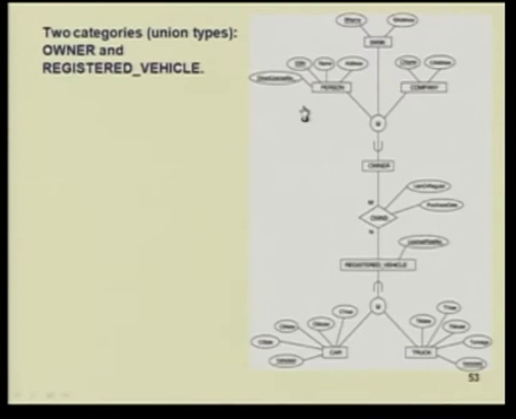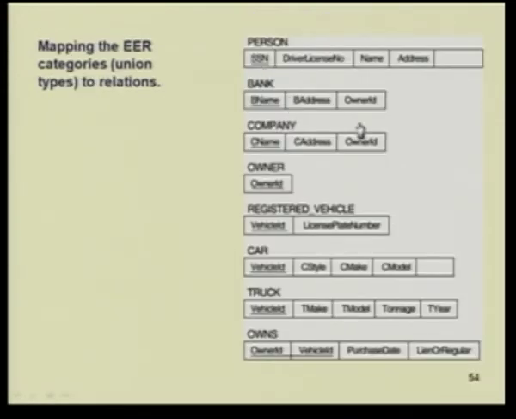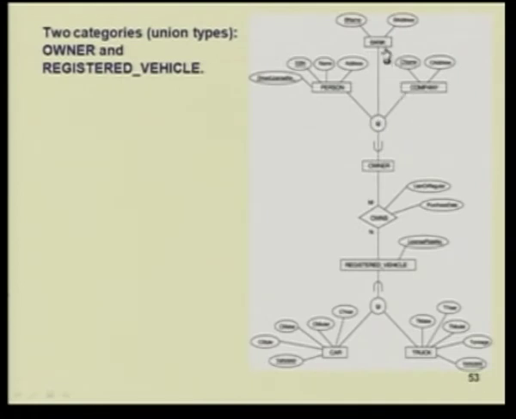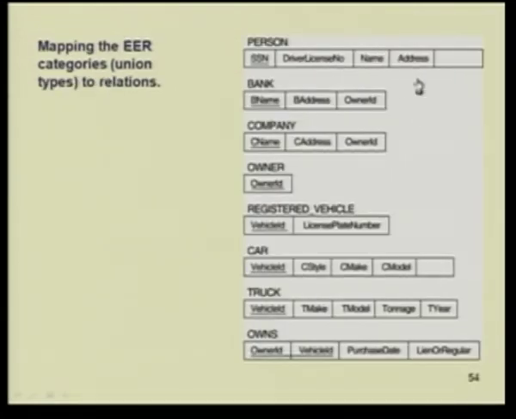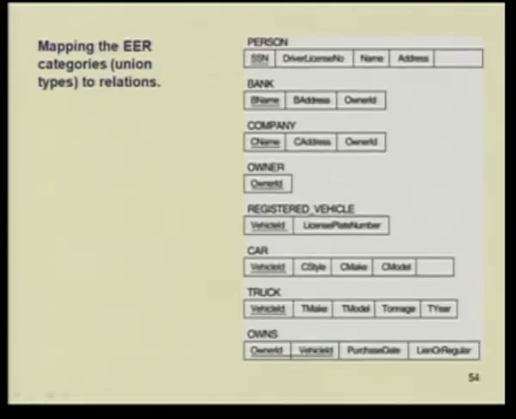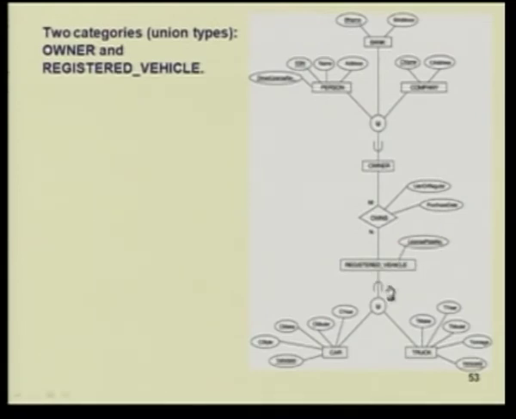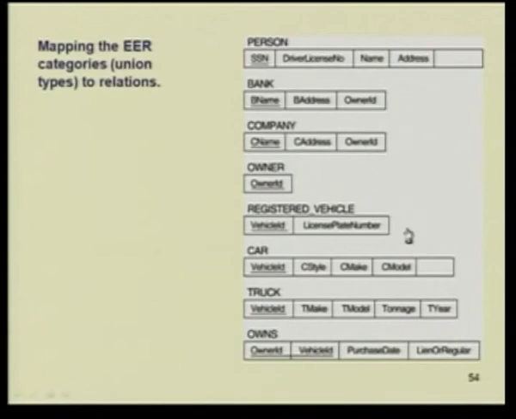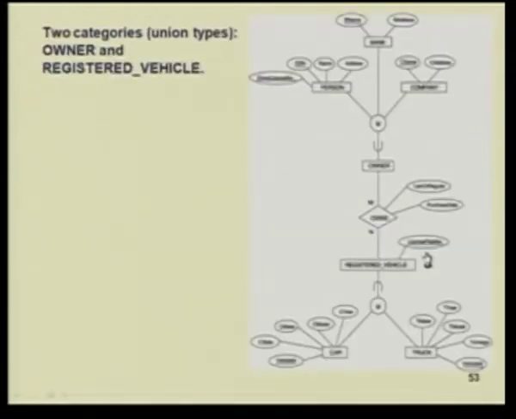Let us take one by one: person with the key, then you have bank, again you have bank, then company, here there is no problem. Then for this owner relation, you have an owner ID, then you have vehicle. For registered vehicle, you have the vehicle number and the license ID.